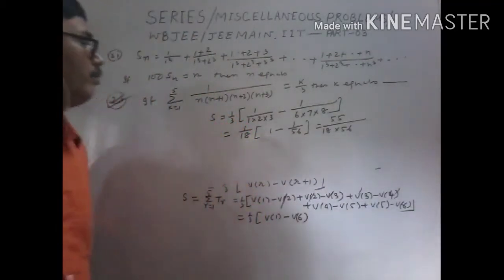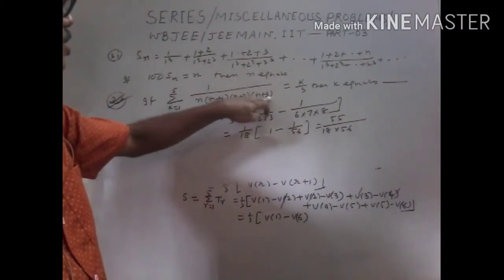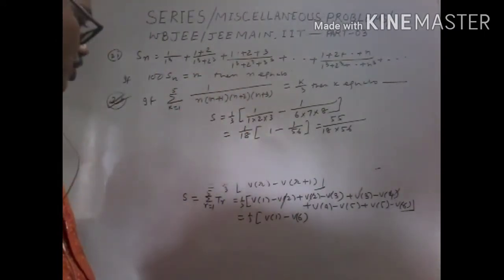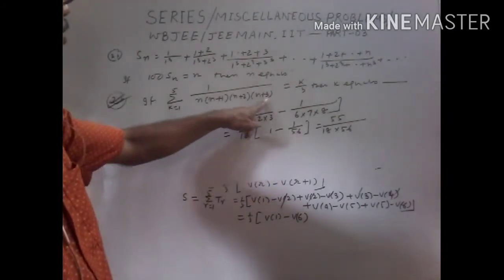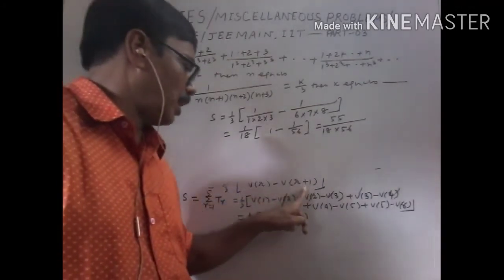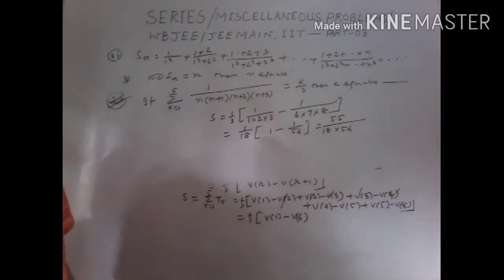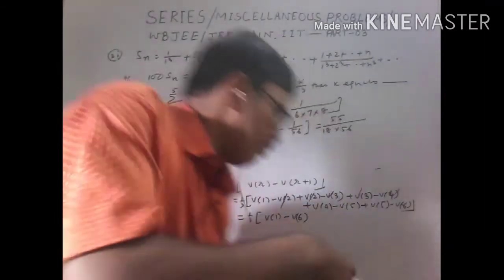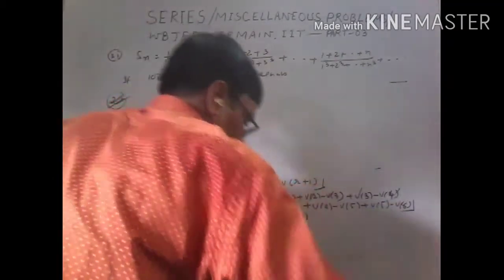So listen again. The rule is: take the difference, greatest minus least, then balance it. What is the balance? This is n plus 3 minus n, so 1 by 3 to be balanced, VR minus VR plus 1, then put the values of V1 and V6. So this is one technique of finding the sum. Similarly, you can find the sum of this simple series.